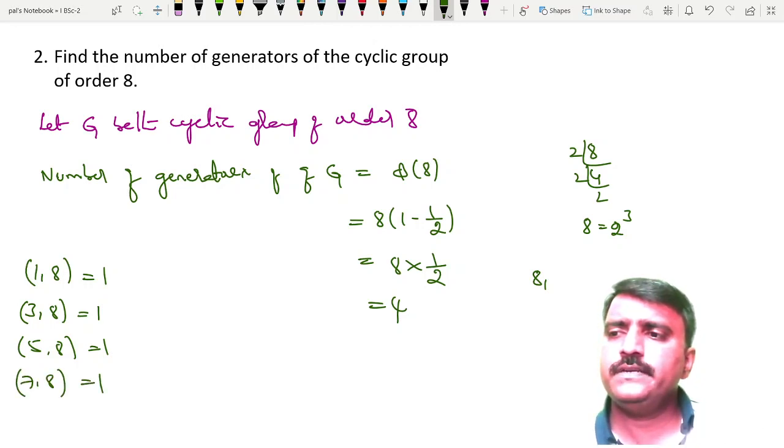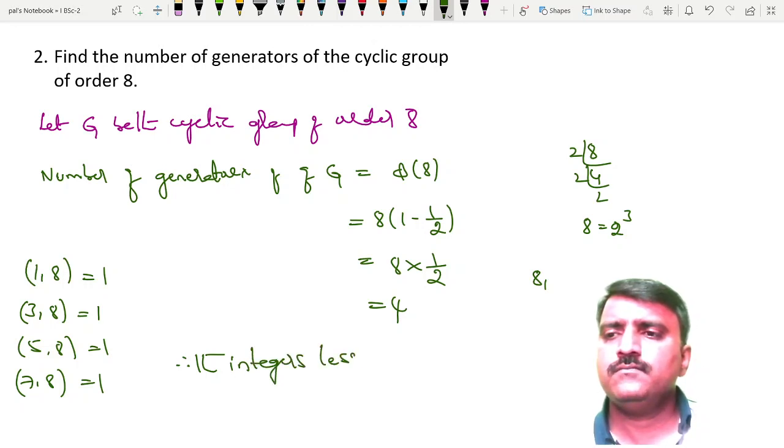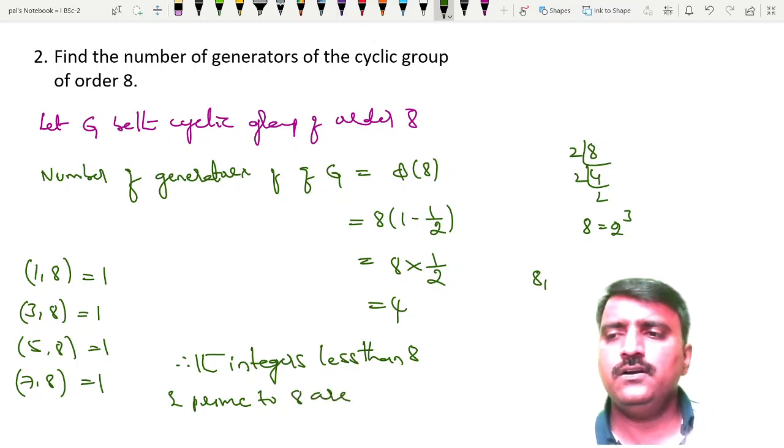Therefore the integers less than 8 and relatively prime to 8 are 1, 3, 5, 7.